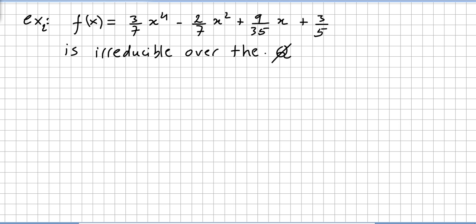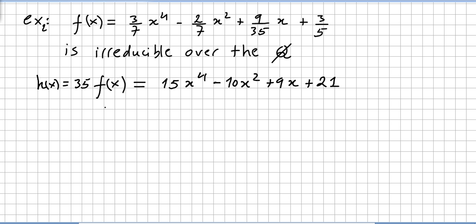Okay, so first step, I'm going to build a new polynomial where I multiply f of x by 35. So I'm getting 15x to the power of 4 minus 10x to the power of 2 plus 9x plus 21.